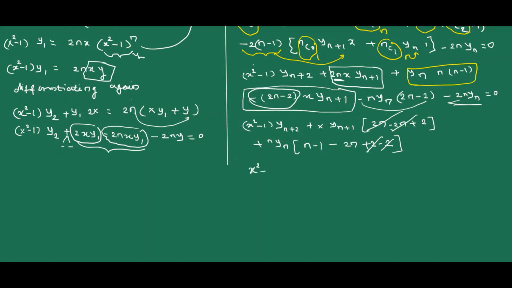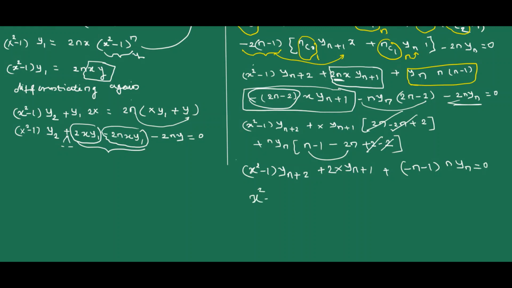So (x squared minus 1) y_{n+2} plus x y_{n+1} with 2 remaining, that is 2x y_{n+1}, and in this case plus n into minus n minus 1, and n into yn is equal to 0.